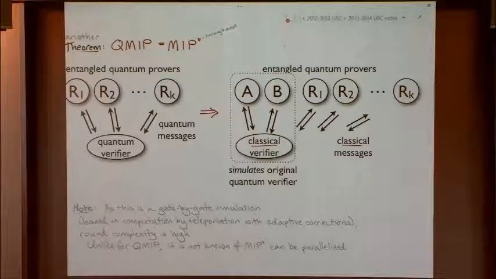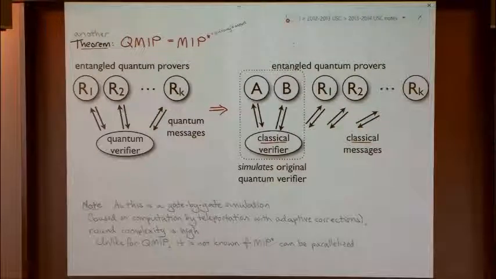But that's not known for MIP star, and the way our proof works, it certainly blows up the round complexity quite a lot, because you need some rounds of communication to simulate every single gate of this quantum circuit over here, and so the round complexity is going to be like the size of the quantum verifier circuit, something like that, polynomial in that anyway. And that's the best we know.